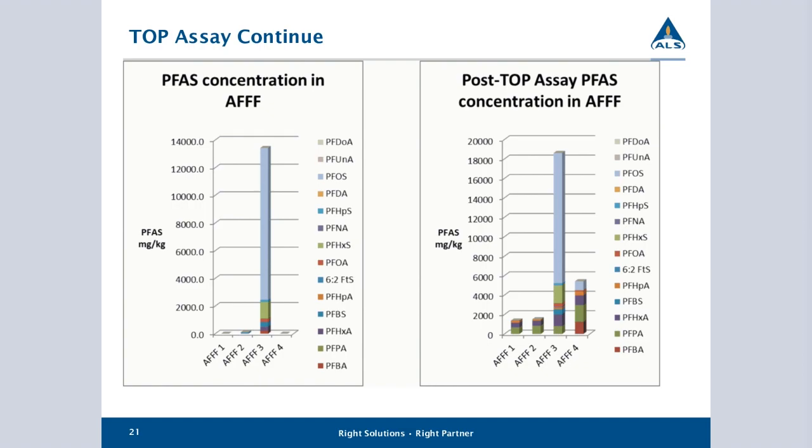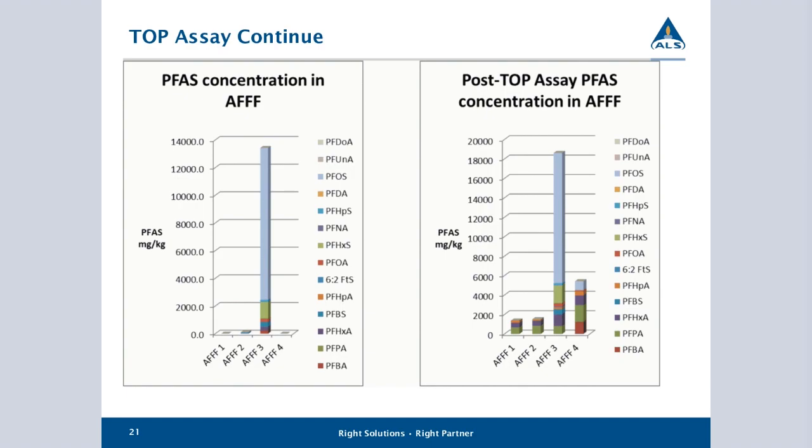Then on these foams, the laboratory performed the TOP assay and reanalyzed the sample after the oxidation step for the PFOS compounds. And you can now see that a lot of those AFFFs, pretty much all of them, had some sort of precursor that was oxidized into PFOS compounds that the laboratory could analyze for.